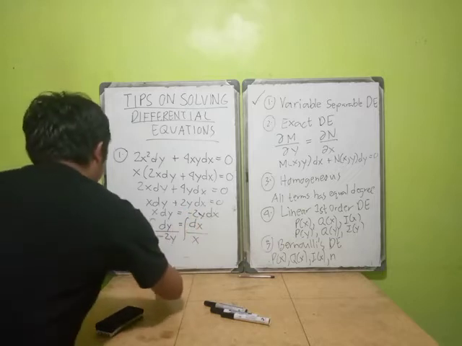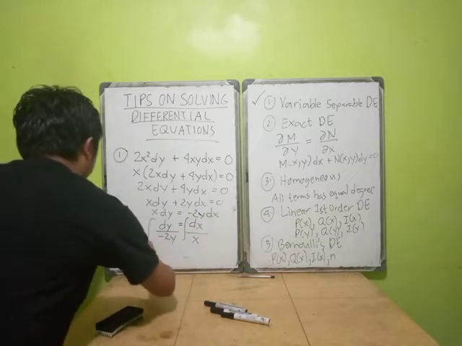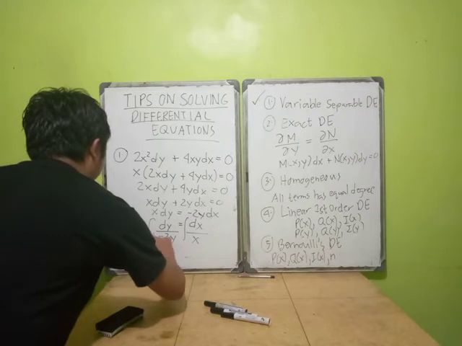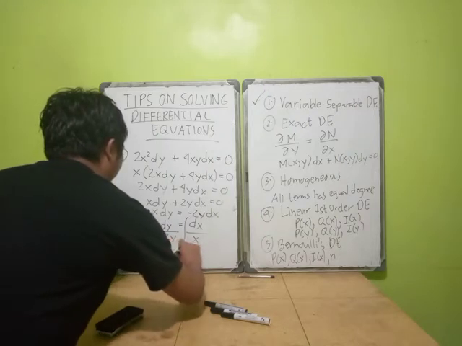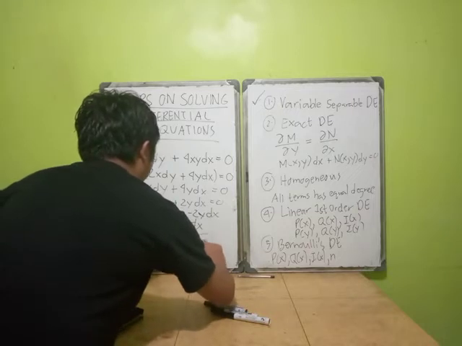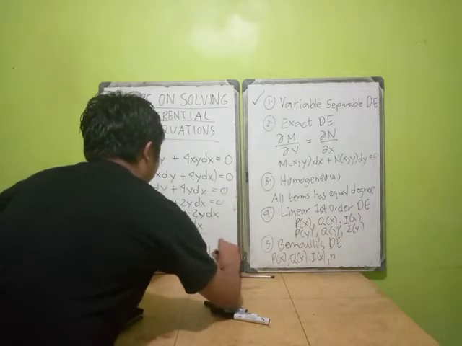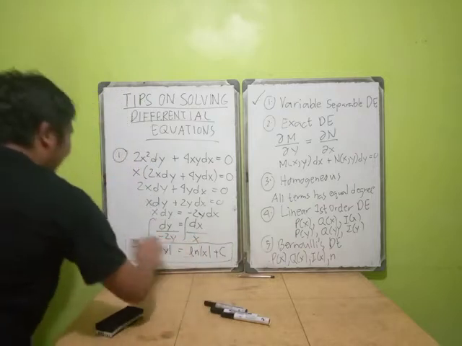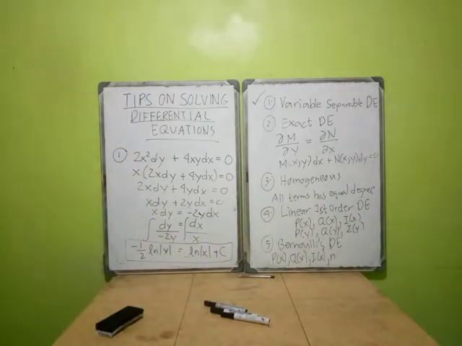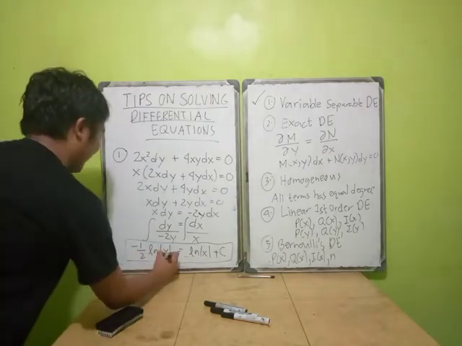So, therefore, magiging negative 1/2 ln of y is equal to ln of x plus c. So, this is already an acceptable solution. Pwede nyo yung i-simplify. So, yan yung sagot ko. Pwede na to.